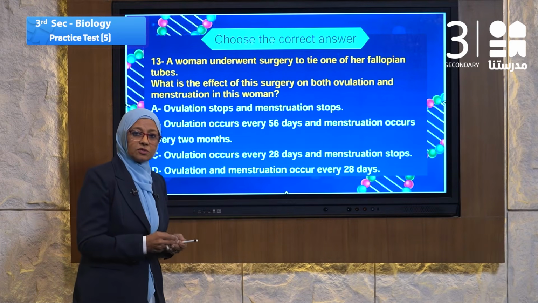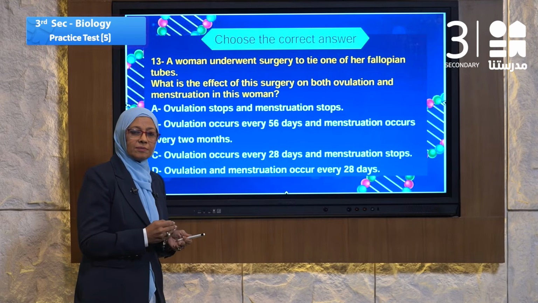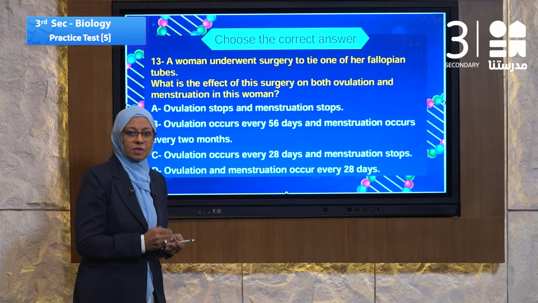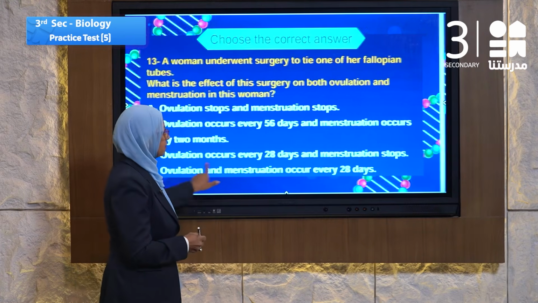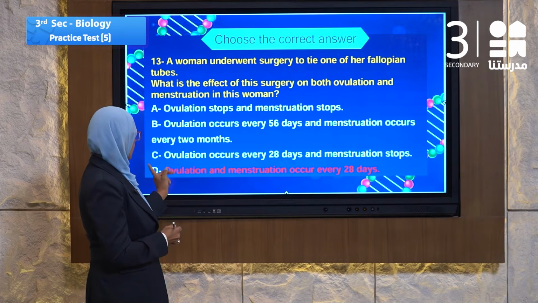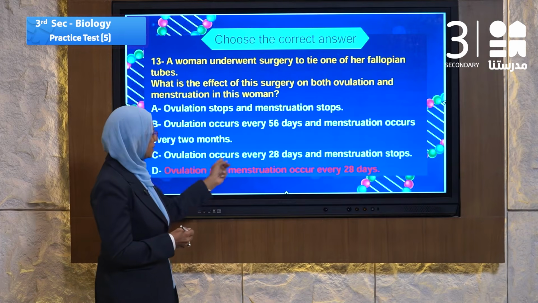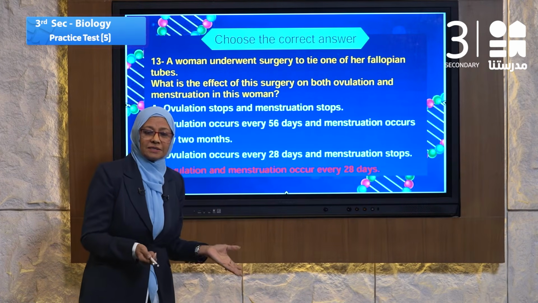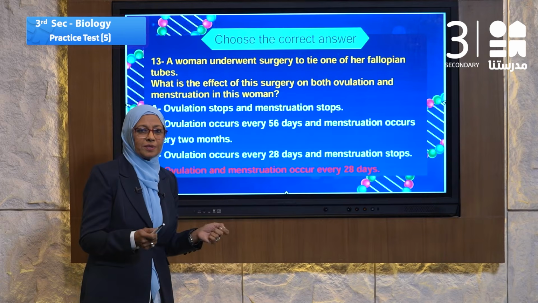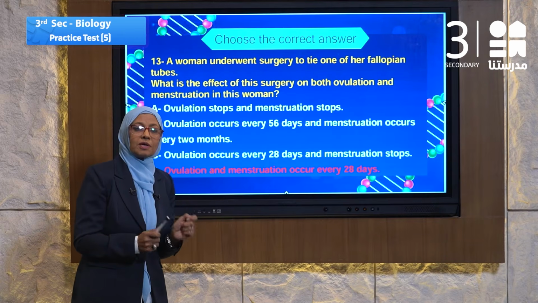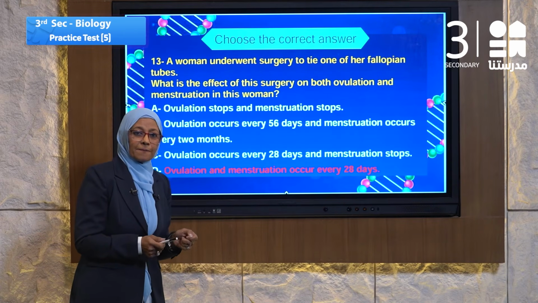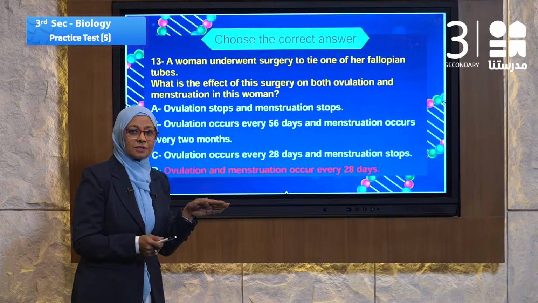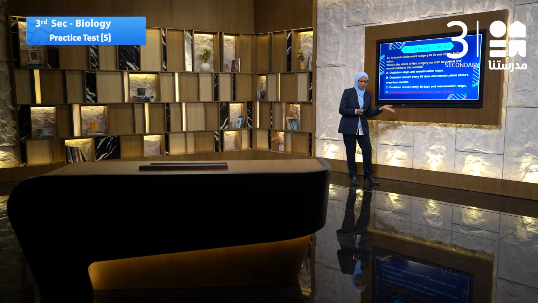Because each ovary works and performs its function, and the hormones are found, the answer must be D. Normally, we tie only the fallopian tube. So the ovum are found, but they cannot reach the uterus to make the other process.